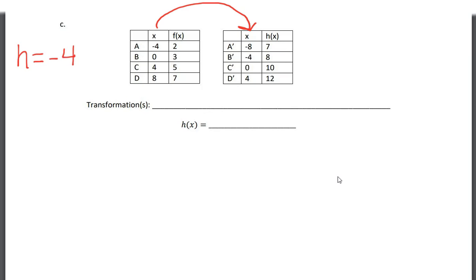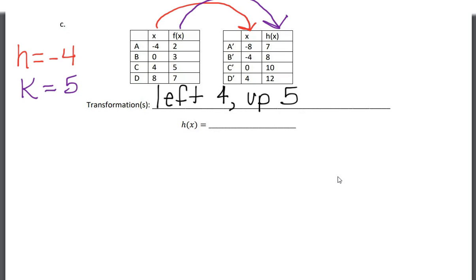Our k values appear to be increasing by 5. So k is 5. So our two transformations are, because h is negative, it's going to move left 4. And because k is positive, it moves up 5.